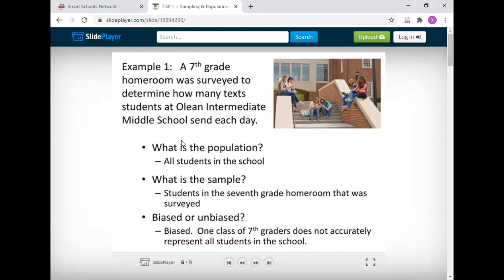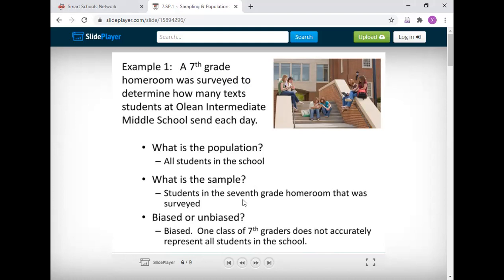So all the students in the school represent the population. What is the sample? The students in the 7th grade homeroom that was surveyed. Is this one biased or unbiased? Biased. One class of 7th grade does not accurately represent all students in the school.